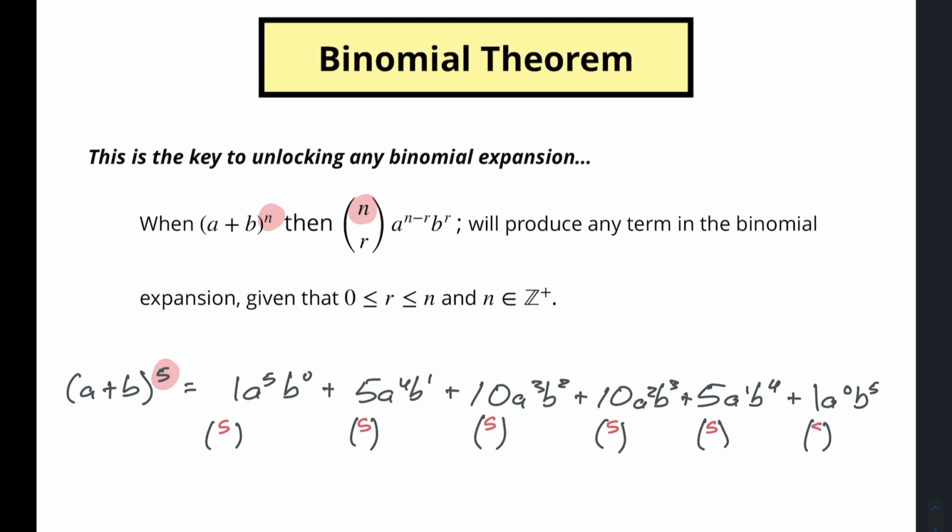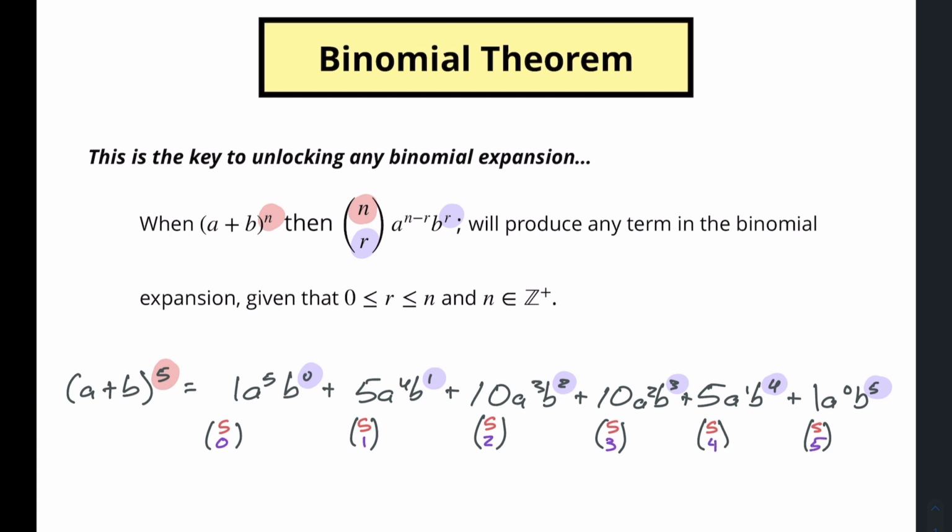And then we saw that the r value was the power of our b exponent, so that was all of these values right here. That means r would be 0, r would be 1, r would be 2, r would be 3, 4, and 5.